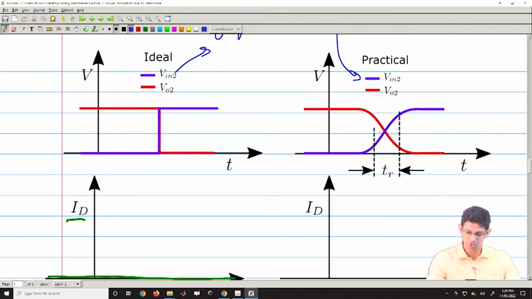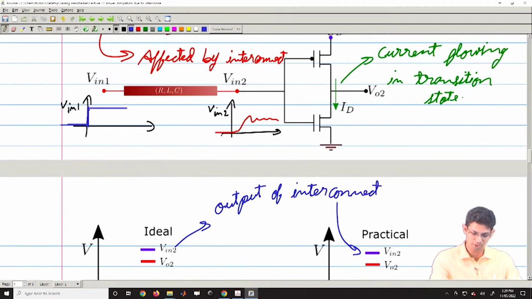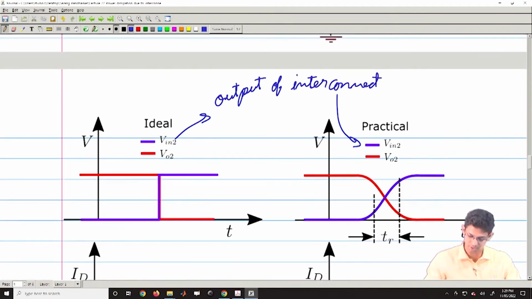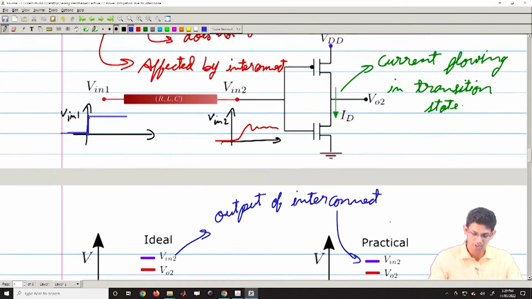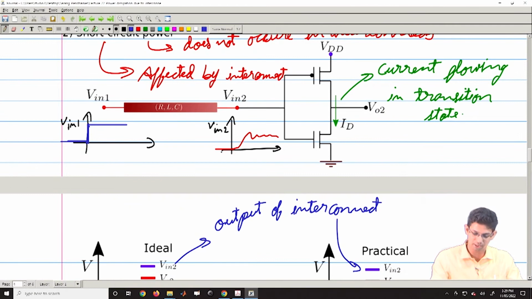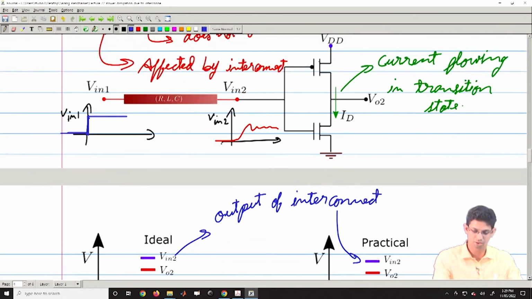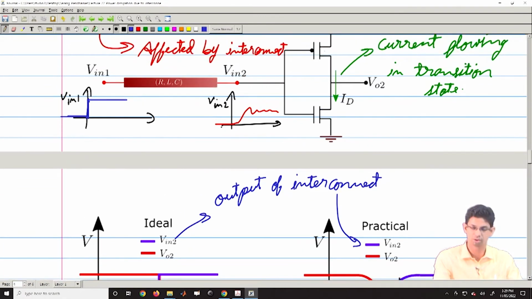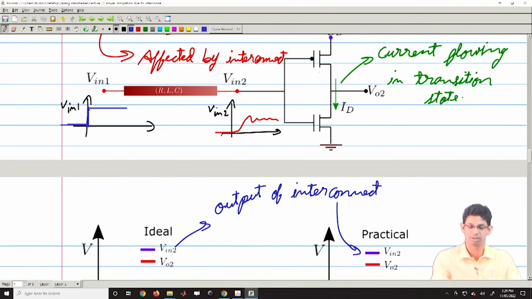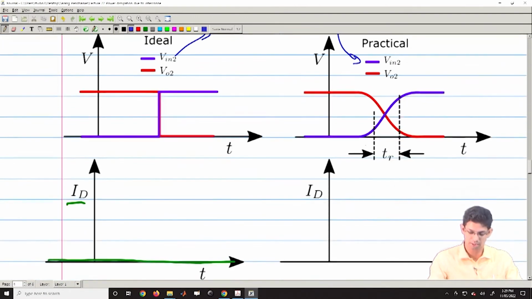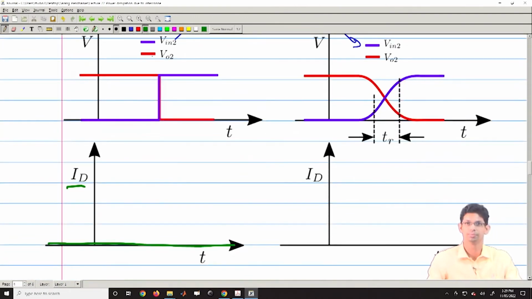So, when your input is somewhere in this state, in this TR state, for this TR time, what would happen is this device is not short circuited, and this is also not completely open circuited. So, there is something in between, and that is when current ID would flow through them.